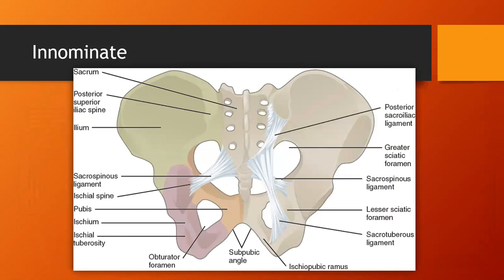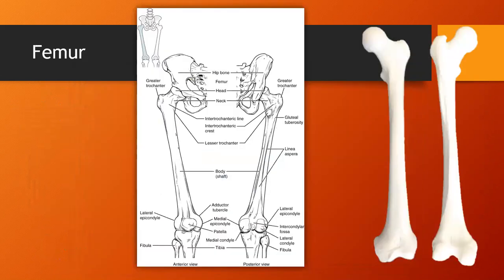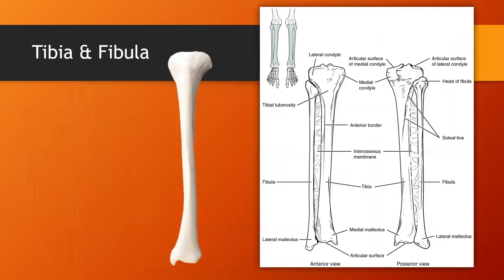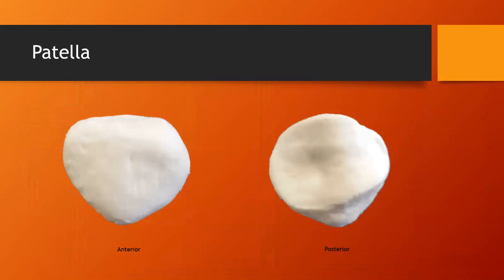Your second blank is going to be the patella, P-A-T-E-L-L-A. Patella. All right, number 16. What are the bones of the leg?